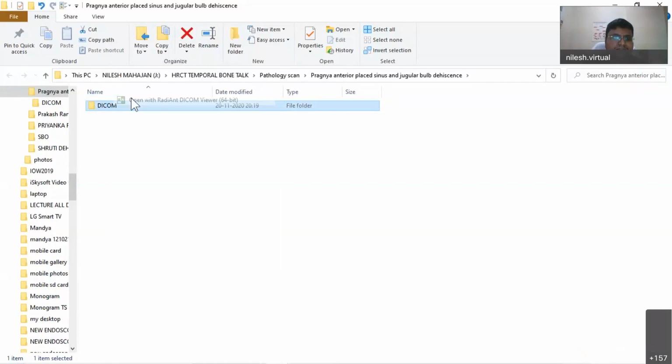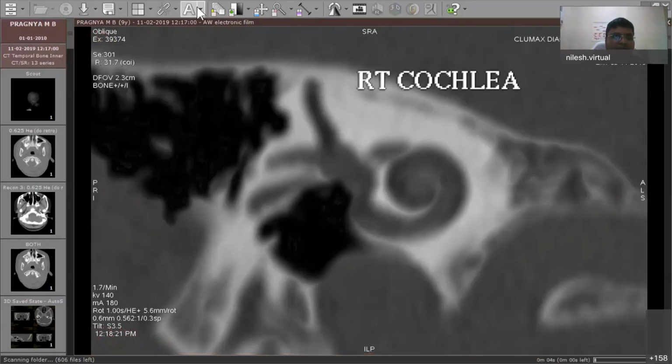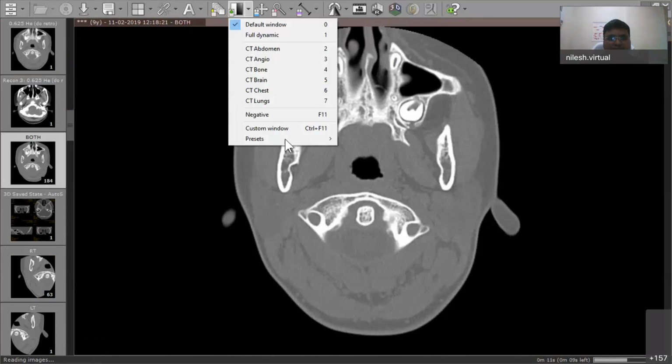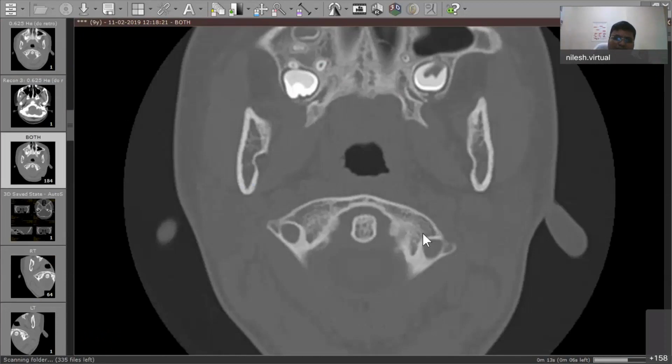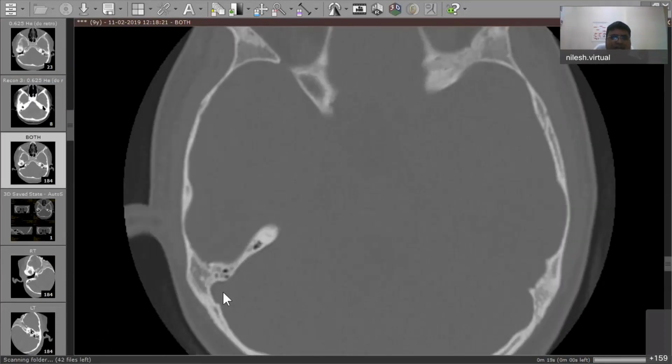So again, I'll open a different scan. Again, same thing, you go in the topmost cuts, find the sigmoid sinus, trace it down.